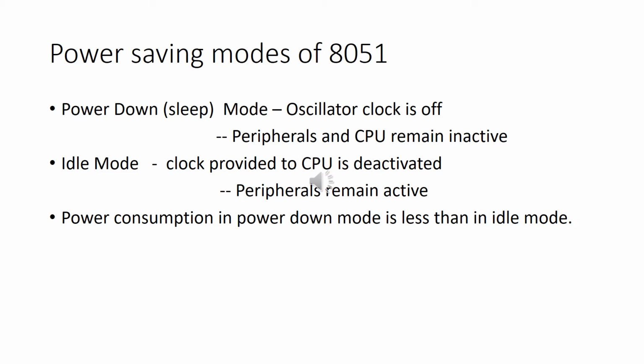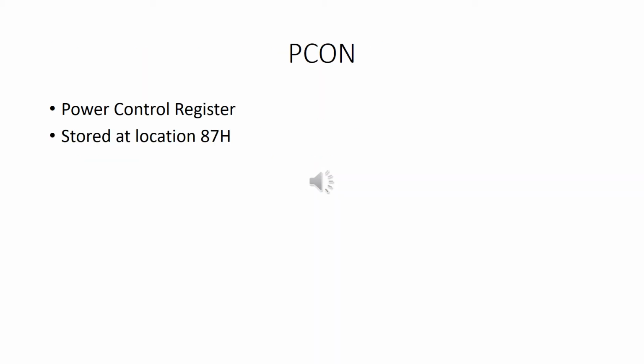That means when it is in power down mode, both peripherals and CPU are inactive, and when it is in idle mode, only the peripherals remain active and the CPU is deactivated. So power consumption in power down mode is less than in the idle mode.